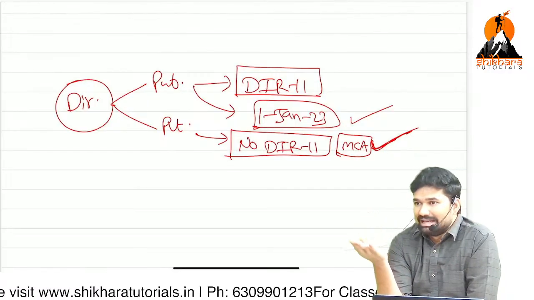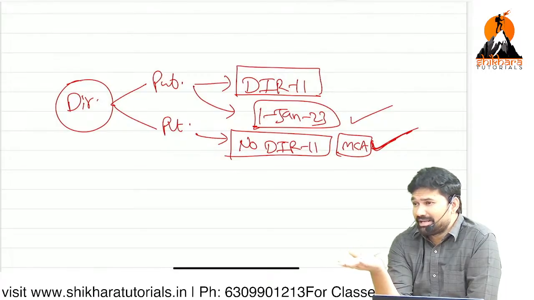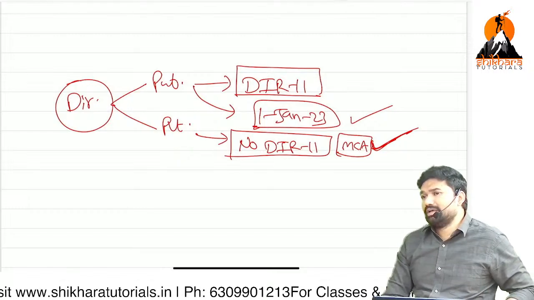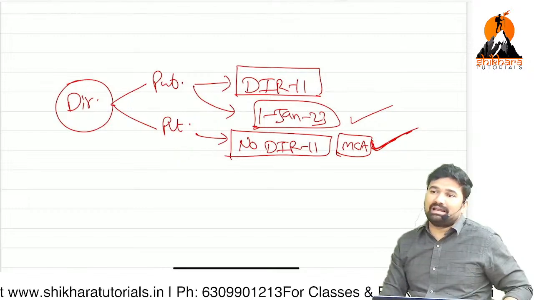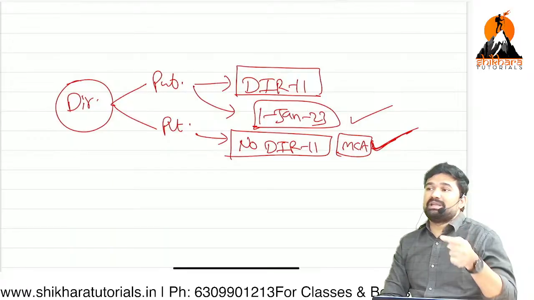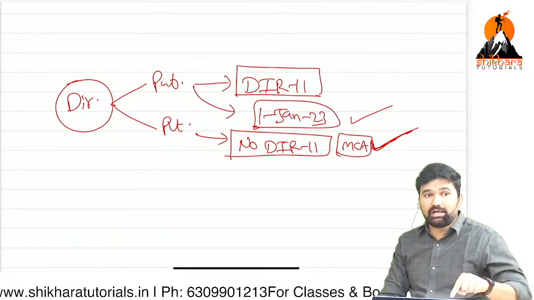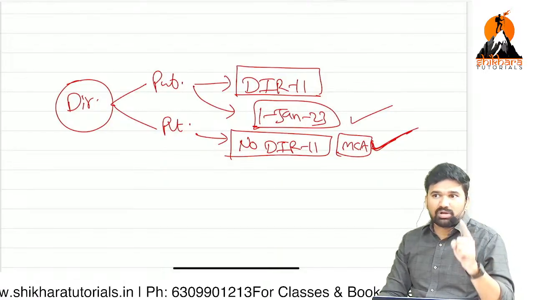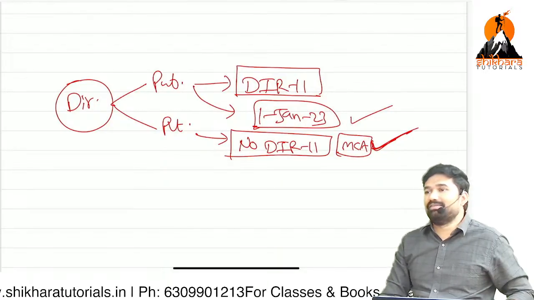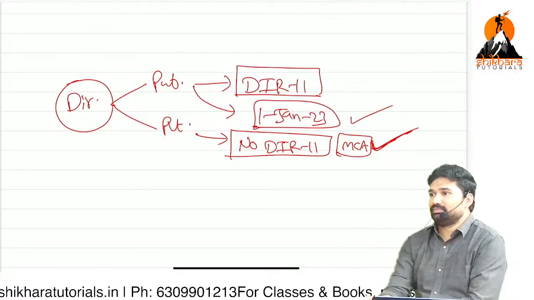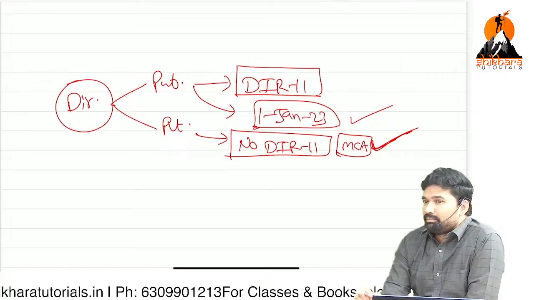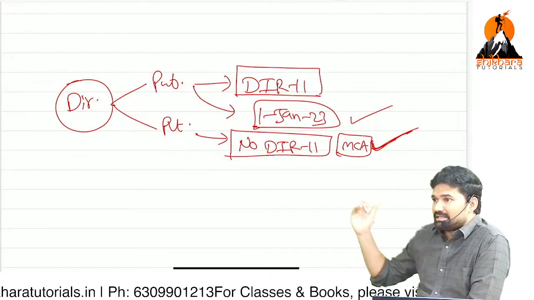Because you submitted resignation from a private company. Then no need to submit DIR 11. If your private company's AOA clearly says that you have the obligation to file DIR 11, then only you are supposed to file DIR 11. Otherwise, no. Clear? Public company, private company cases clear.